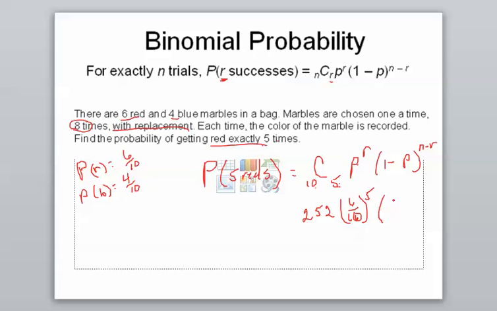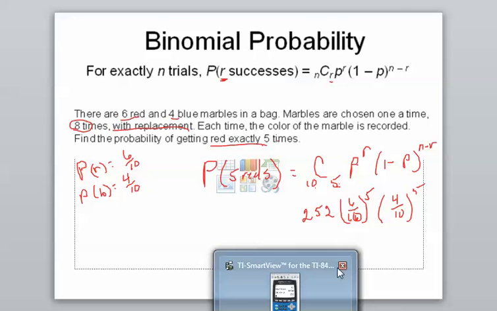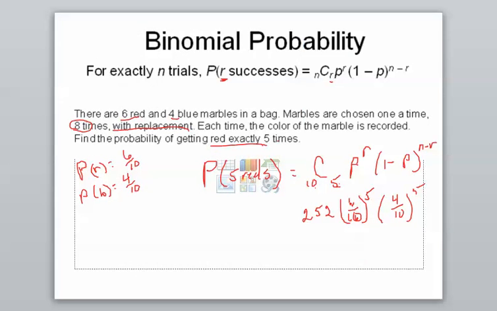And my probability of not success is 4 out of 10, and we're taking that to the 5th power. We're raising both of those to the 5th power, but that's just a coincidence of 10 and 5, okay? So if we were looking at 4, this would have been to the fourth power. This would have been to the sixth power.